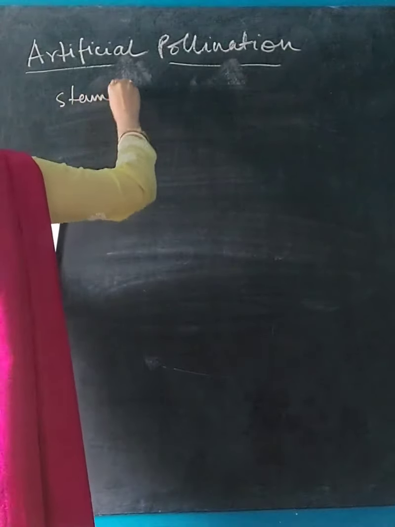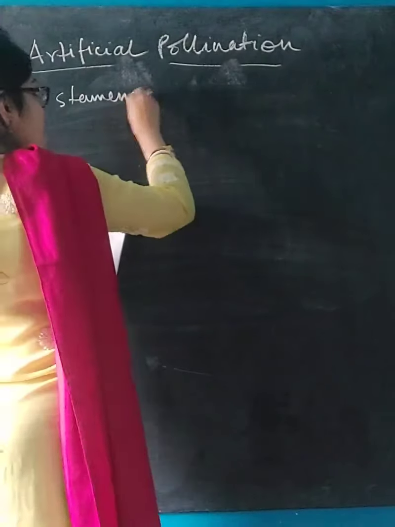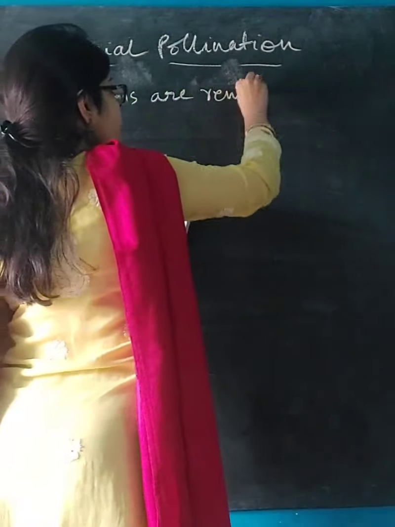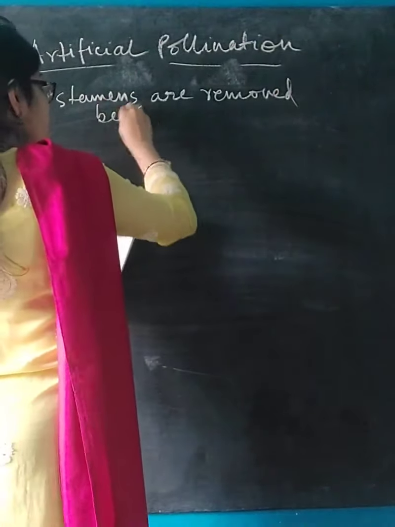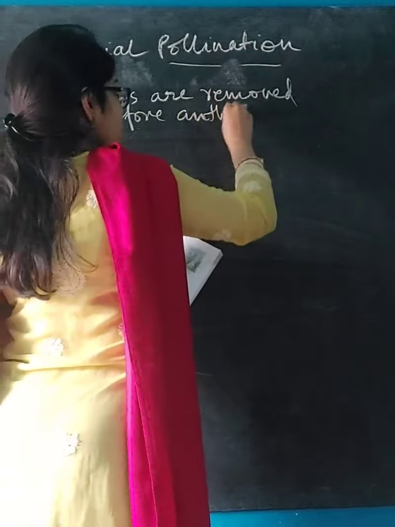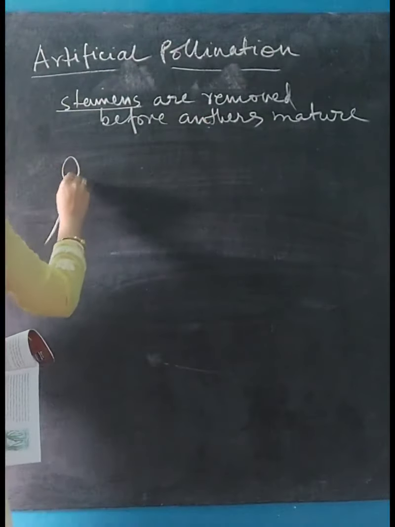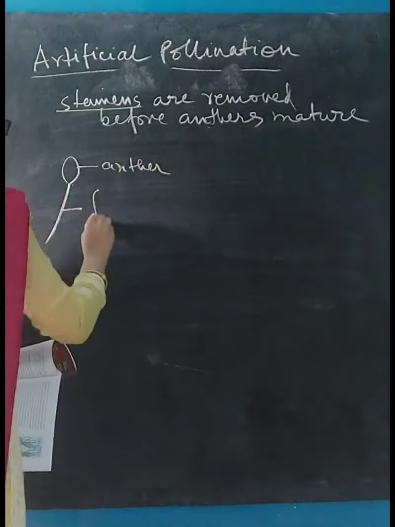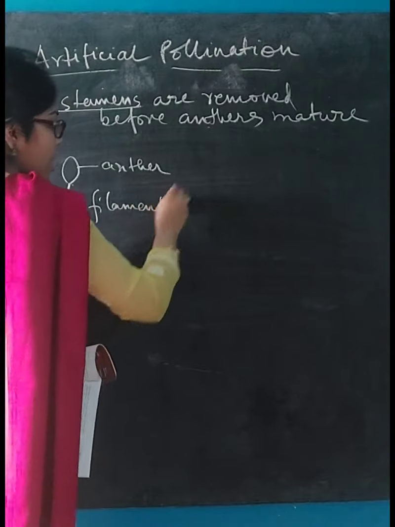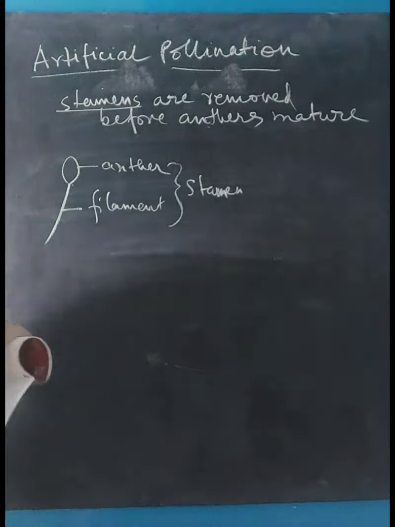I'm writing in short, you will find the full thing in the book. So the stamen is the main reproductive part of the flower, and the anther is this one, where the pollen grains are stored. So this one is the anther and this one is the filament, and the whole thing is known as the stamen. So from a bisexual flower, the stamens are removed.